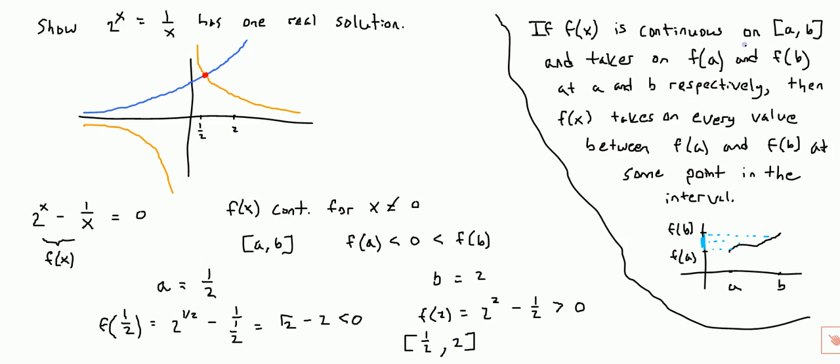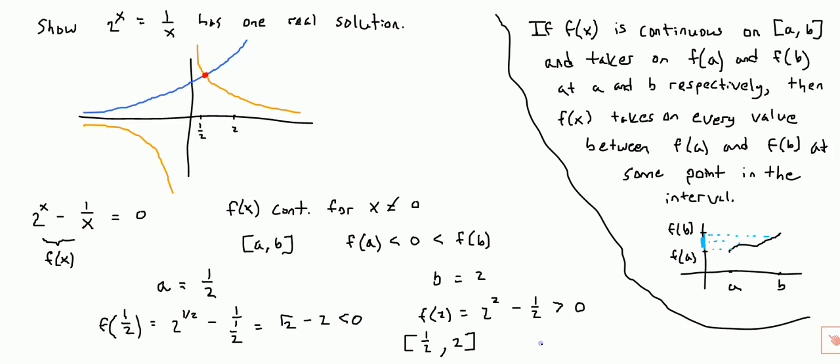Alright, it takes on f of 1/2 and f of 2. F of 1/2 is less than 0. F of 2 is greater than 0. So it takes on every value between f of 1/2 and f of 2. So it's going to take on values that range from positive to negative. So at some point, it has to take on 0.